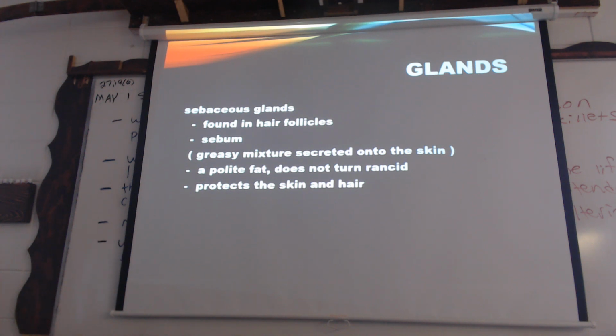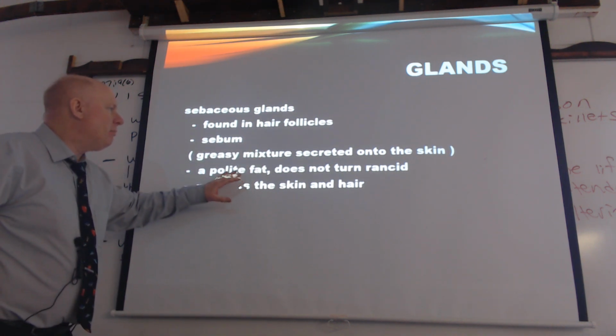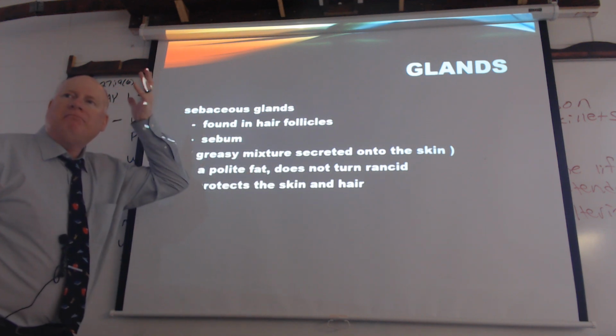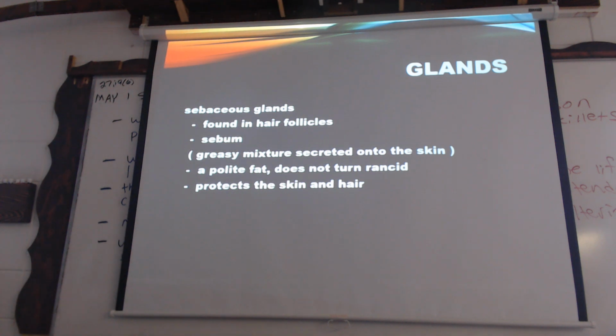So, would it be fair to say that some mammals will secrete this onto their skin for a protective function? Because it really doesn't protect us. I mean, it's there, and it's more of a nuisance than a protective function. So, one thing to think about is, let's talk about a mixture.